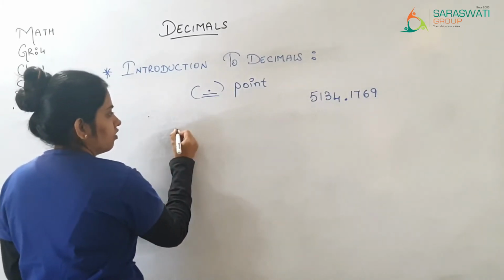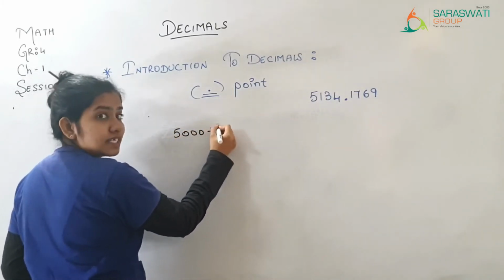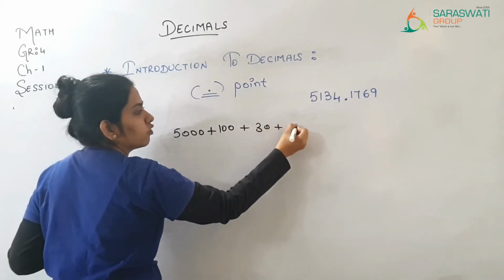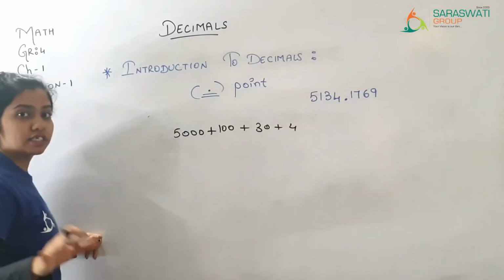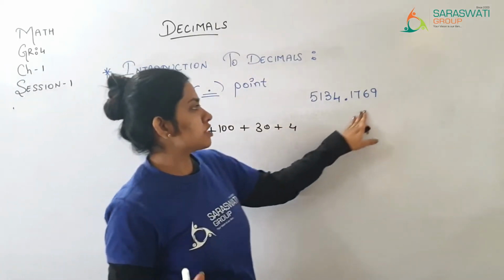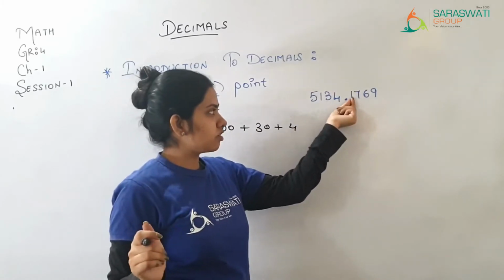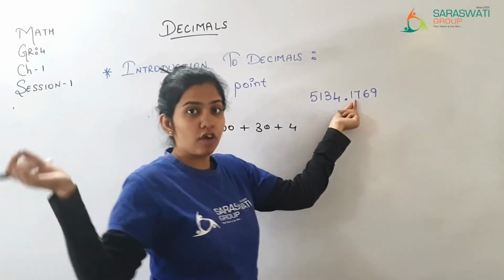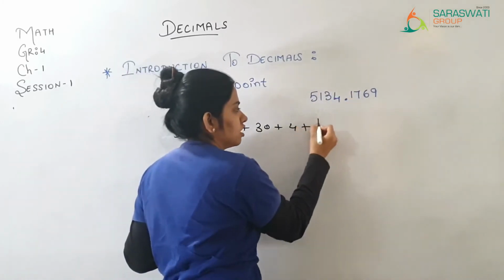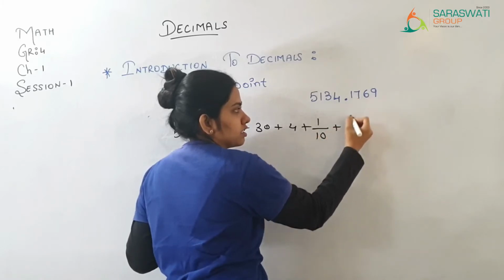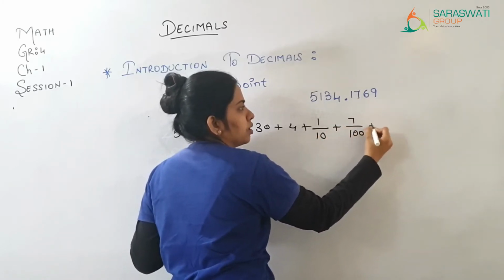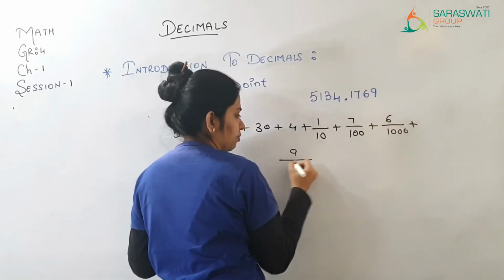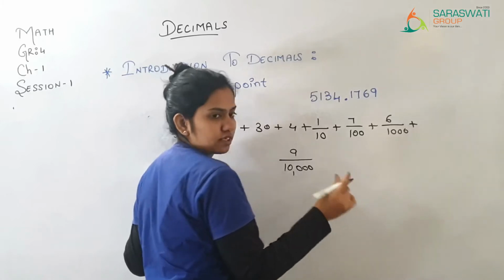So we will write 5000 plus 100 plus 30 plus 4 because this part is your whole part. Now comes the fractional part. So first over here it is 1000, but over here we will start it from tens. So plus 1 upon 10 plus 7 upon 100 plus 6 upon 1000 and plus 9 upon 10,000.